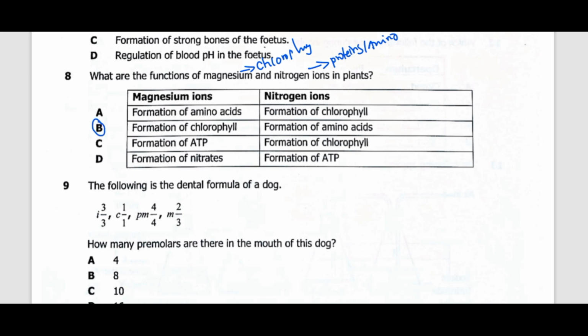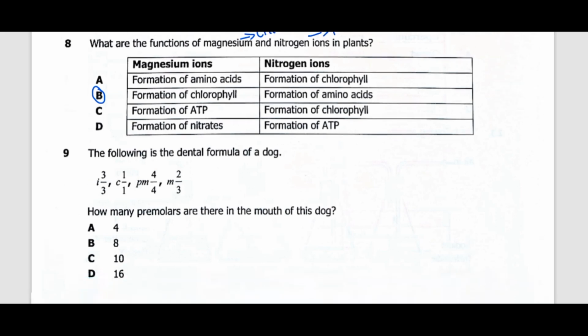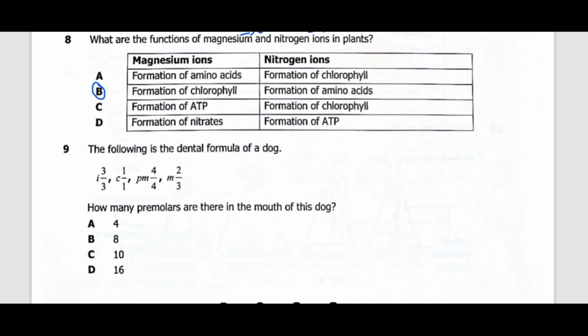Then for question 9 here, the following is the dental formula of a dog. How many premolars are there in the mouth of this dog? If you look at the PM premolars, we can see that on each side of the upper jaw we have 4 and the lower has 4.